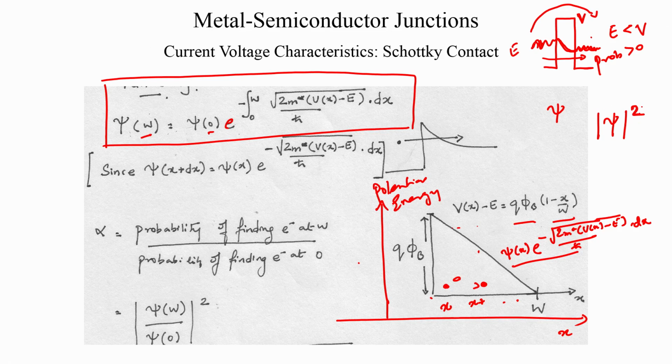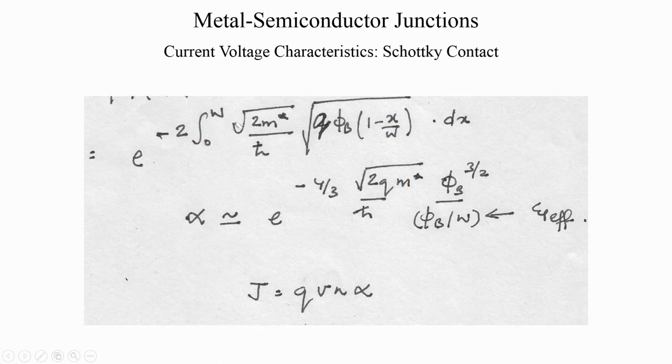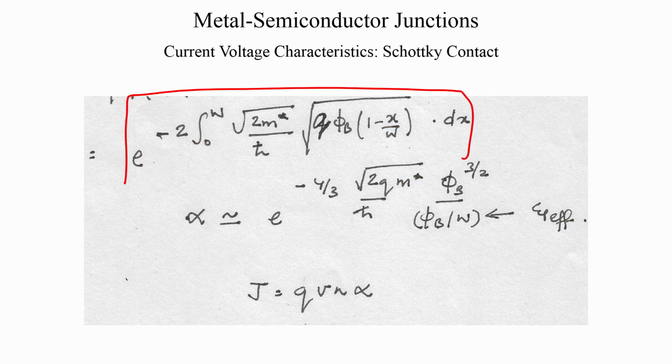So, if you create a ratio, the probability of finding an electron at W versus the probability of finding an electron at 0, it is simply the ratio of psi of W by psi of 0 the whole square, and we already know the relation between psi of W and psi of 0, and therefore this probability is simply this term here. So, this is the probability.